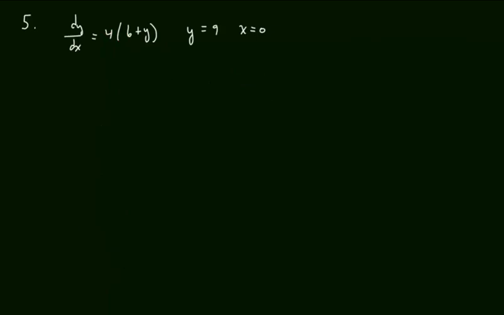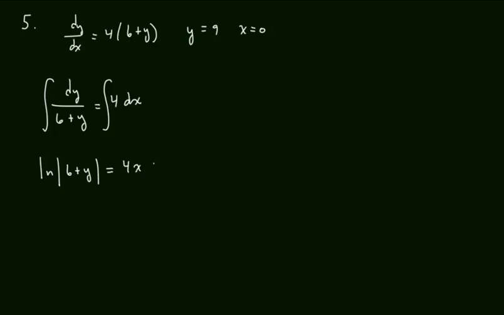Example number 5. Okay, let's get right to work. dy over 6 plus y equals 4 dx, my separation of variables. Integrate both sides, which leaves me with the natural log, absolute value, 6 plus y equals 4x plus c. I exponentiate both sides, absolute value equals c e to the 4x.